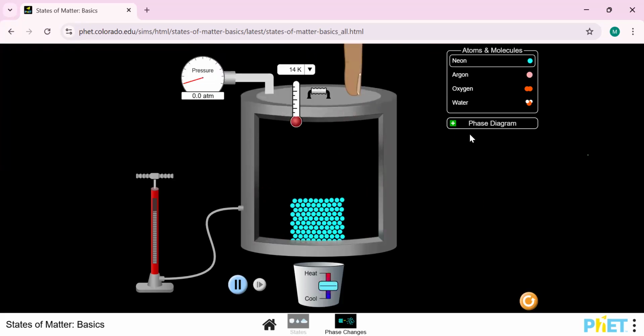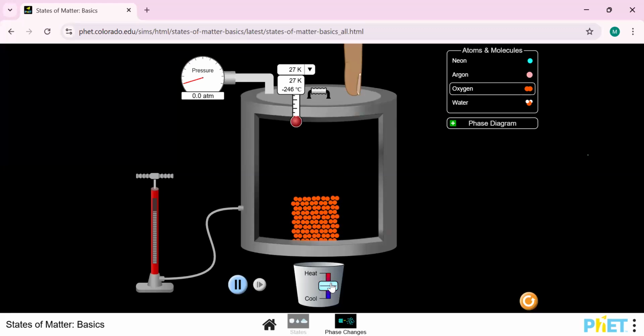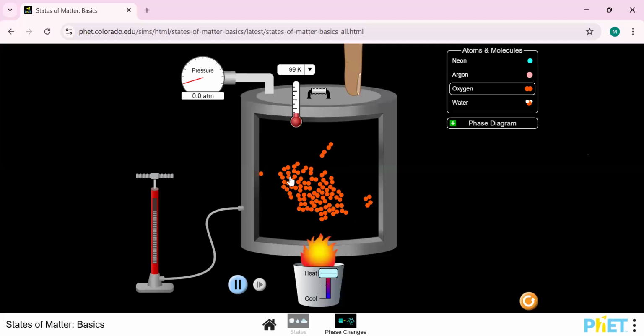And then the third one is oxygen. In oxygen particles, notice the temperature; it differs from all. I want to heat that oxygen. The temperature increases as well as the pressure, slowly. Notice the pressure part.